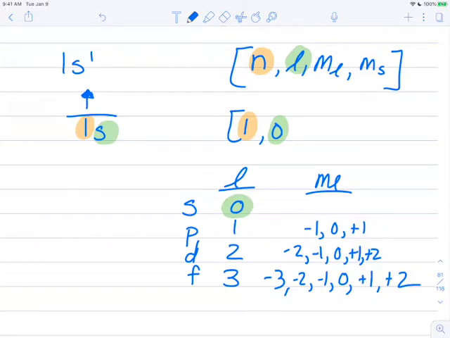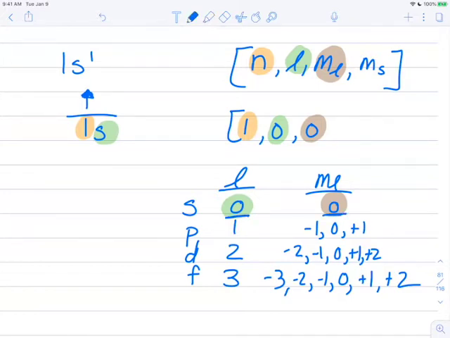But we said S was just a 0. So this 0 will be the ML value, like so. There's only one type of S value.